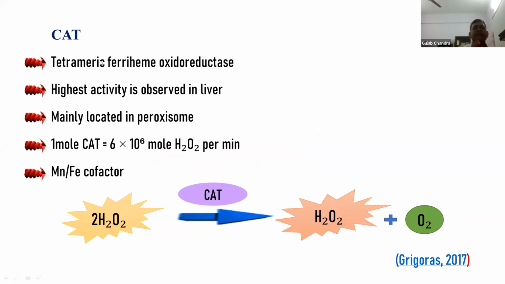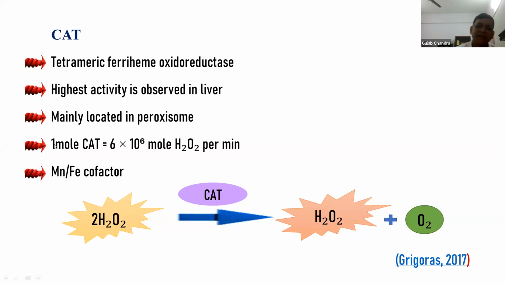The second endogenous enzymatic antioxidant is catalase, a heme oxidoreductase. The highest activity is observed in the liver, and it is mainly synthesized in the peroxisome. One mole of catalase is responsible for neutralizing 6 × 10^6 moles of H2O2 per minute.